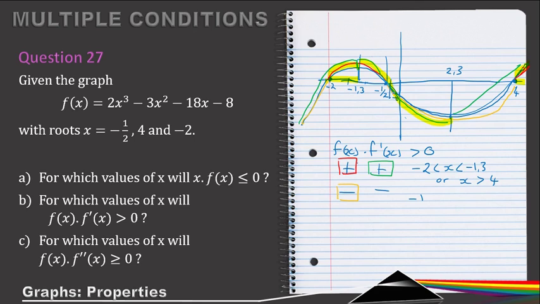So that's actually from here to here, from negative a half less than x less than 2/3.